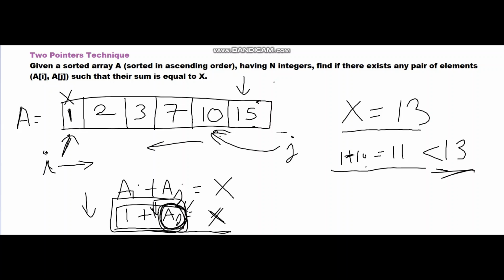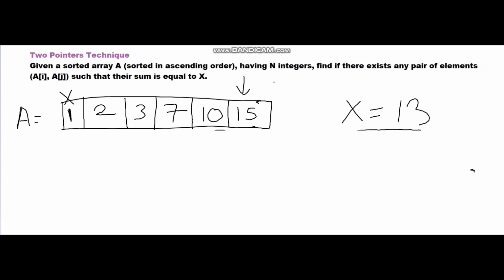So that's why we have to discard this one. We discard this one and make i point towards the second. Okay, so now i is pointing to the second and j is pointing to 10. So now 2 plus 10 equals 12, which is again less than 13.